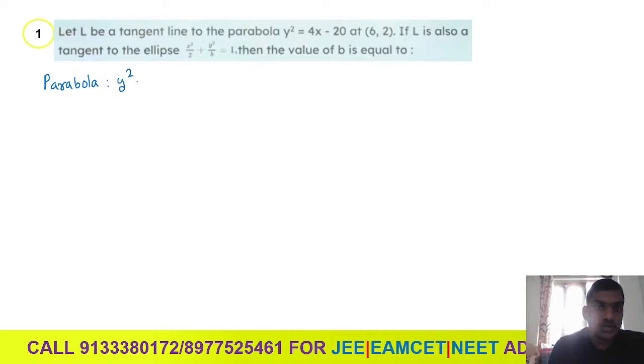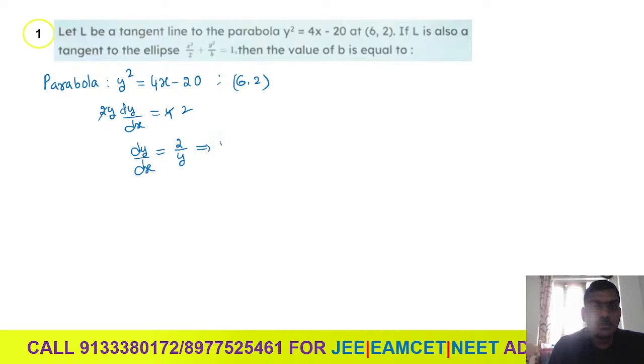Given parabola is y square equal to 4x minus 20, and we need the tangent at the point (6, 2). First let us find the slope. 2y dy over dx equals 4, then dy over dx equals 2 over y.